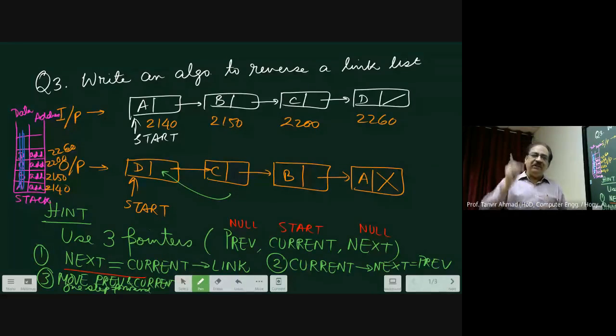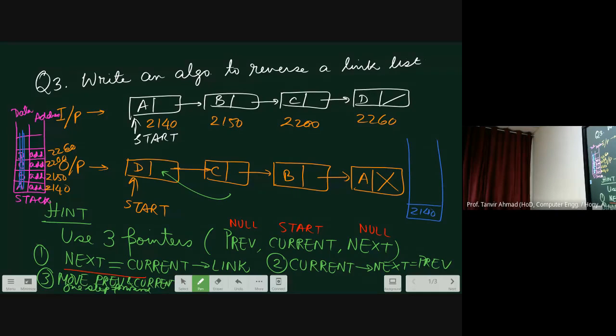When I pop 2140, obviously the data will be there inside, because we have not removed the data. Therefore I can maintain a stack which only contains 2140, 2150, 2200 and 2260. And I push all. Then I take 2260.